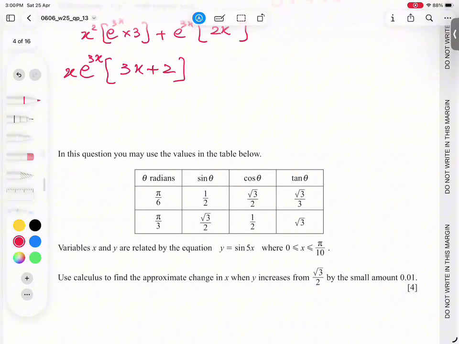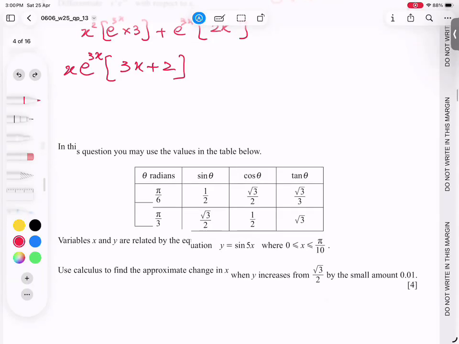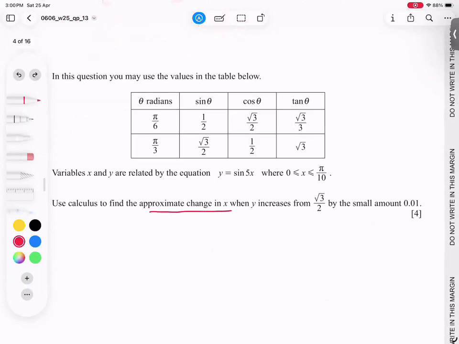Next part is asking: here we have given this expression, and x is between 0 to pi over 10. Find the approximate change in x. So basically he's asking delta x over delta y is equal to dx over dy, and delta y will go there.